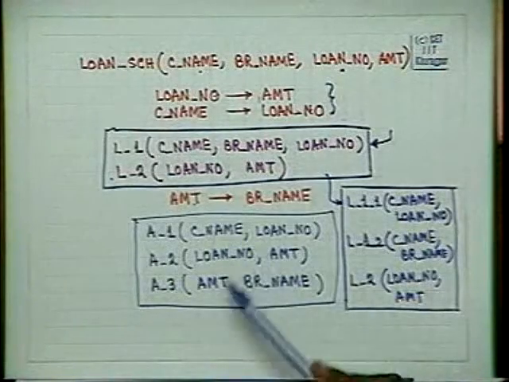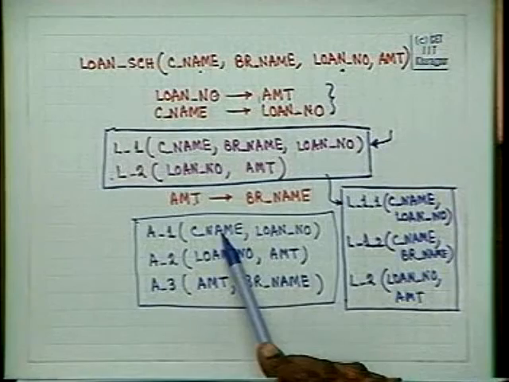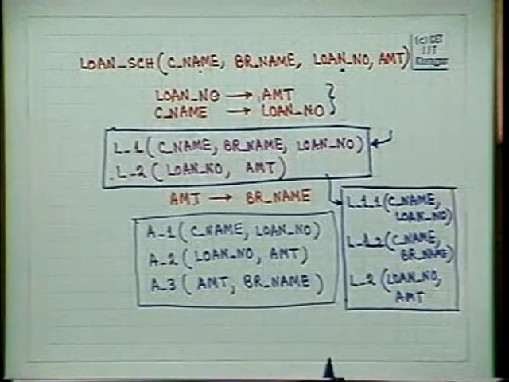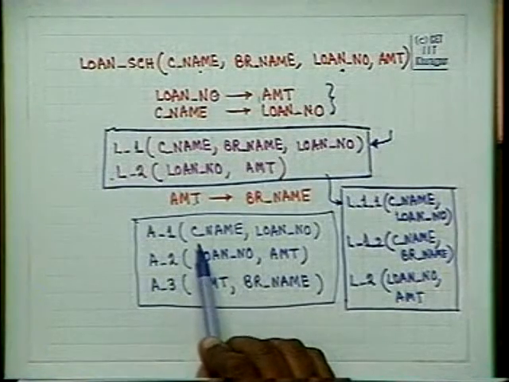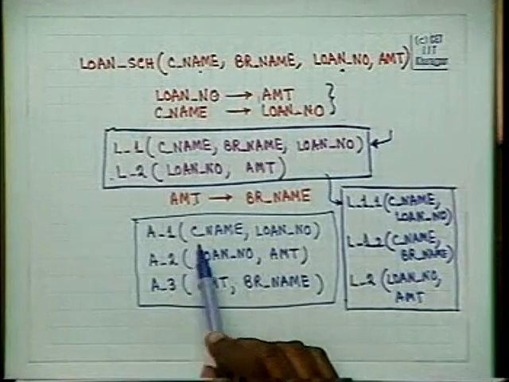But we have to remember always that if there is a query which asks for something between customer name and branch name, then we will have to take a natural join, and we will not be able to take a natural join between A1 and A3 only. Suppose somebody asks, give me the branches where customer Ajay has taken a loan.